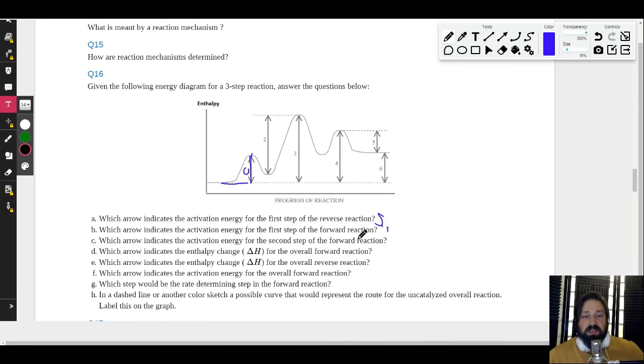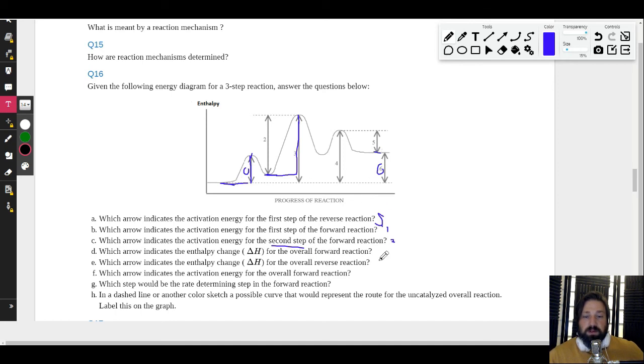Which arrow indicates the activation energy of the second step? So here's the thing you have to remember. It starts at the beginning of the second step here in the intermediate land, and then moves up to the top. So 2 is going to be the one for this one. Which arrow indicates the enthalpy change of the forward? It's going to be 6, where you start here and end here.